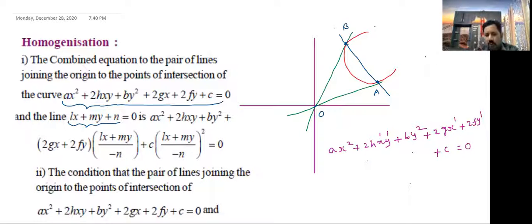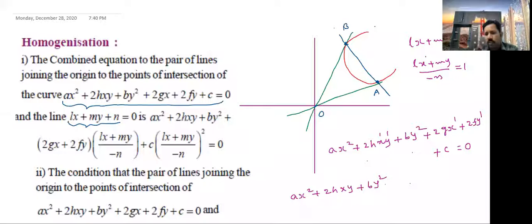This is a non-homogeneous equation. This non-homogeneous equation we want to homogenize with the help of the straight line, that is lx plus my plus n is equal to 0. So lx plus my is equal to minus n. Divide both sides by minus n: lx plus my by minus n is equal to 1.